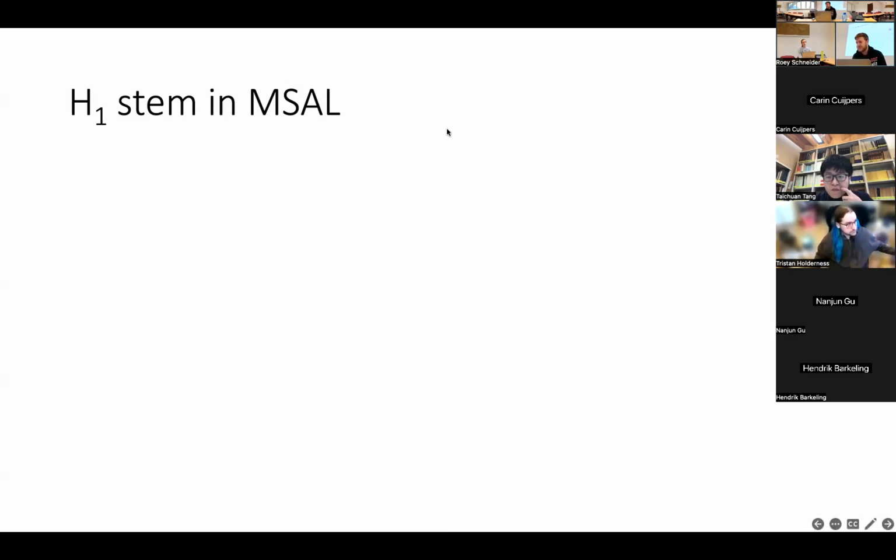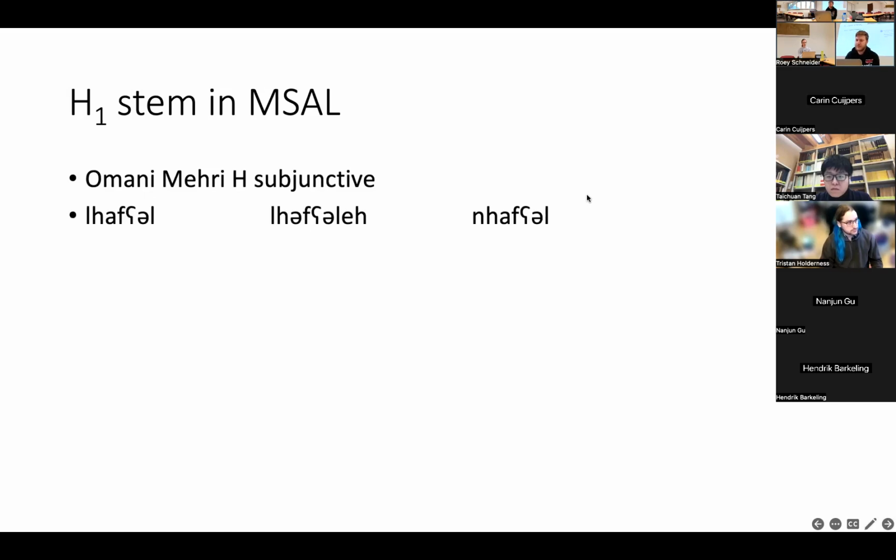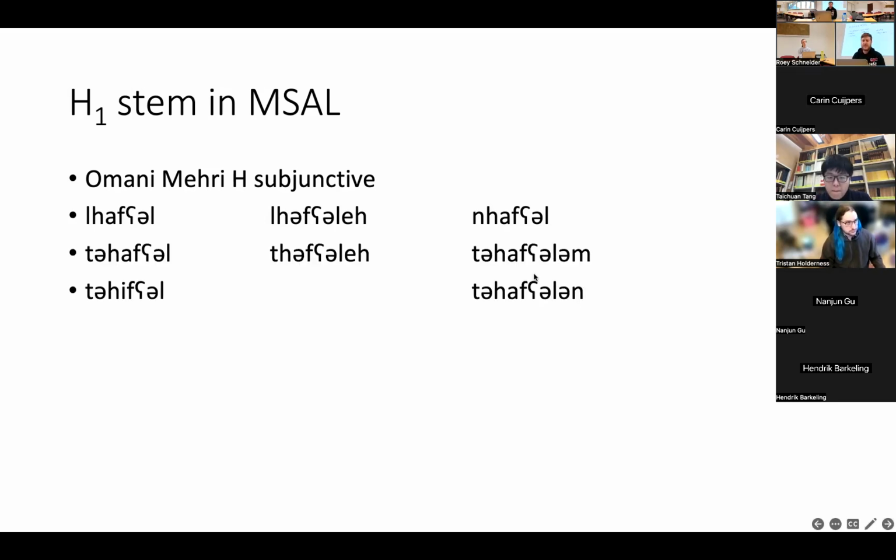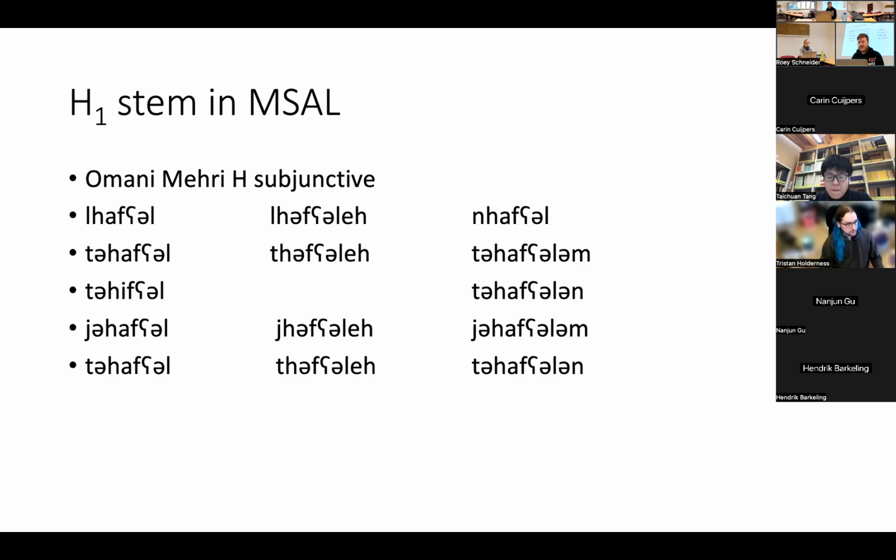So if we look at the Sheen stem or H stem in modern South Arabian, in the subjunctive, for example, we have these forms.